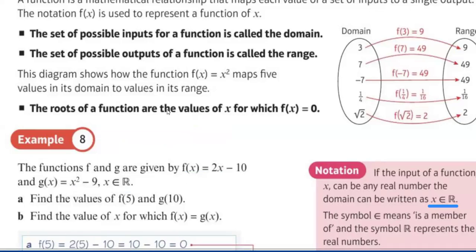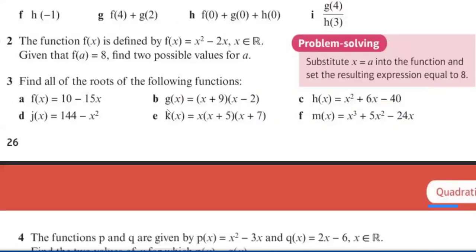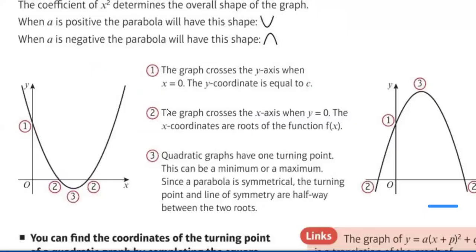Then we have to know about graphs, quadratic graphs. There are two graphs. This is y equals x square plus something. This one is y equals minus x square plus or minus something.